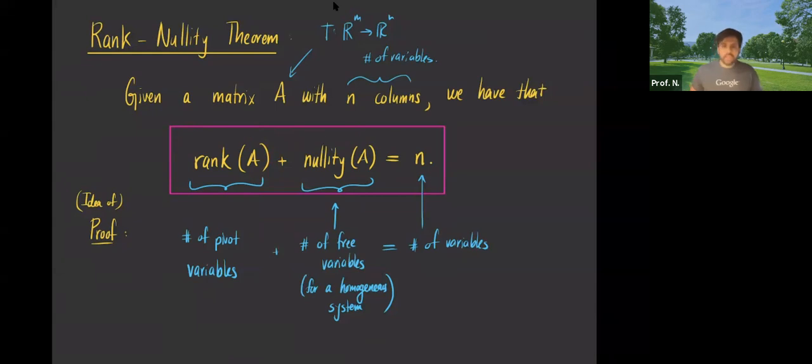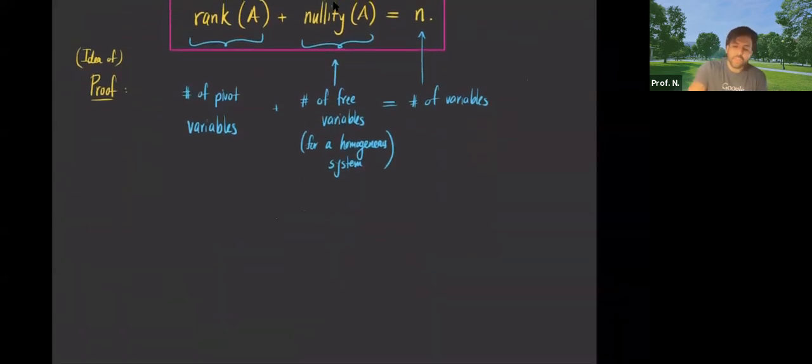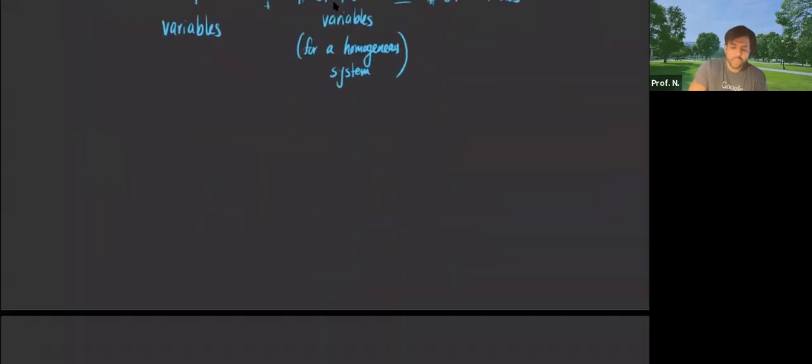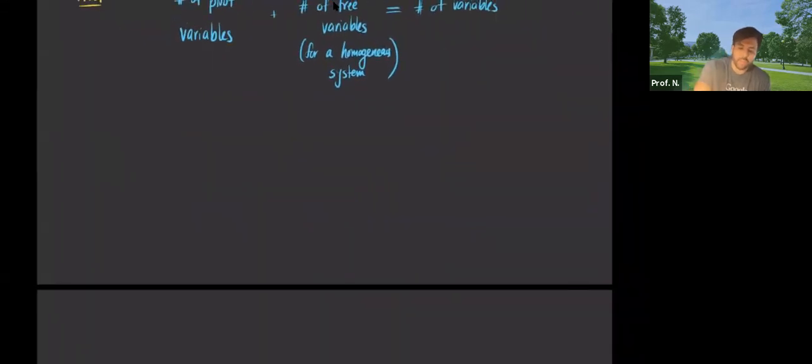So that's why we discuss row reduced echelon form from the very beginning. We stray away from it a little bit, but then we come right back because it tells us everything about the linear system.